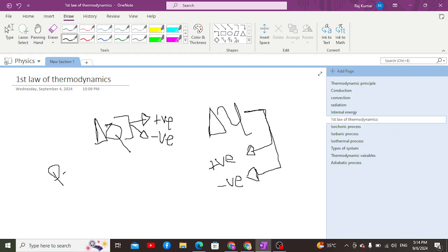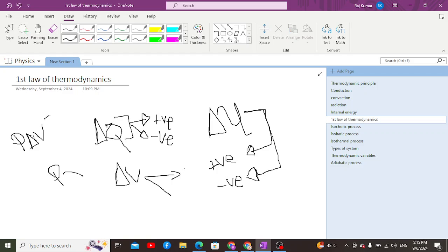Likewise, we have some other thermodynamic variables: P, which is the pressure, and del V, the change in volume, which is positive whenever there is an expansion and negative whenever there is a compression. P delta V is what we call the work done.